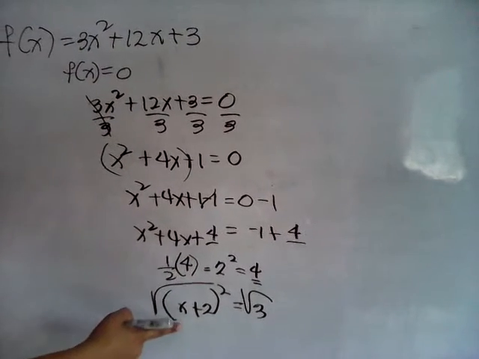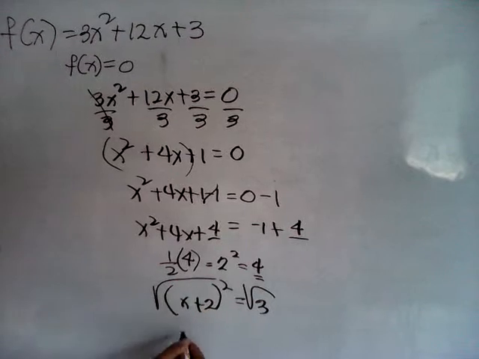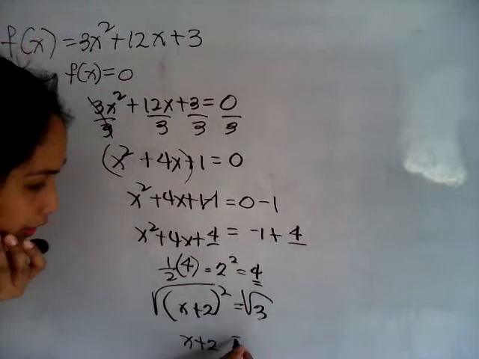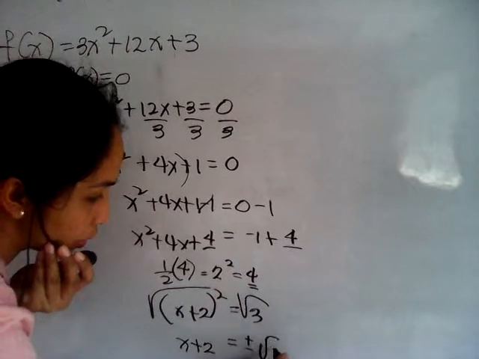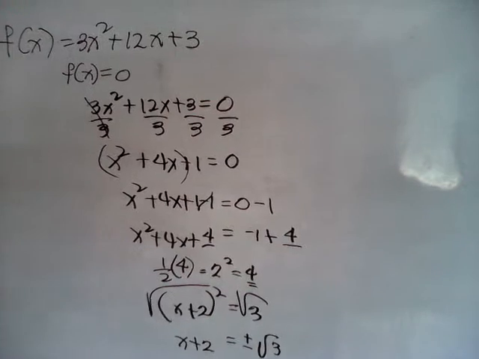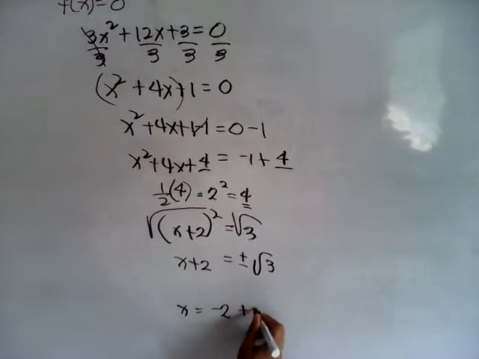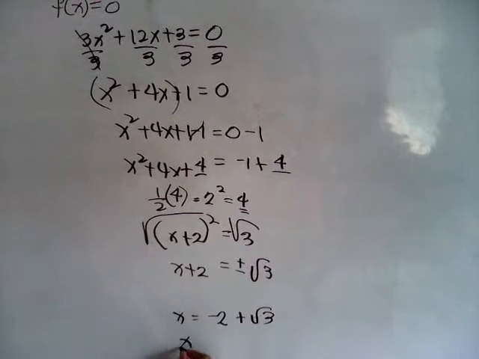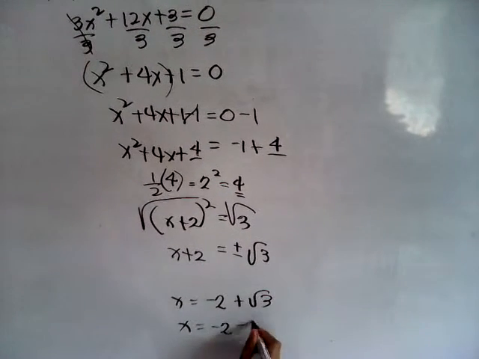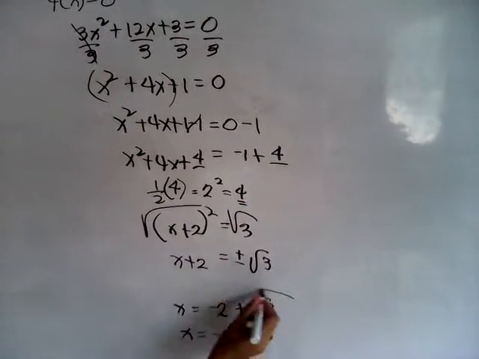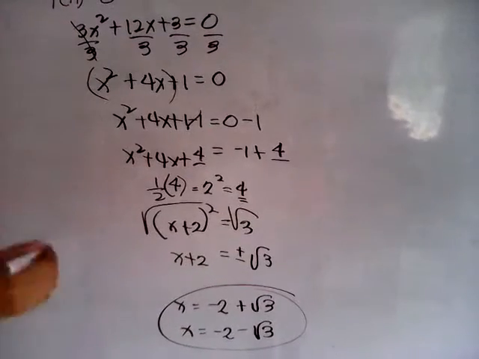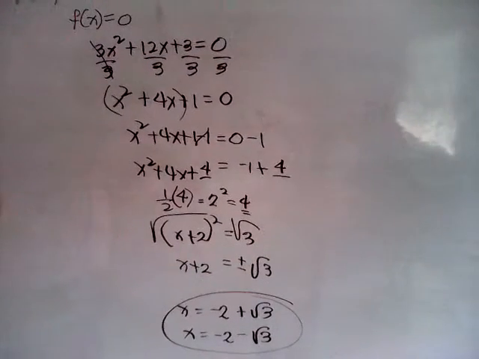The square root of the quantity x plus 2 squared is x plus 2 equals plus or minus the square root of 3. We have two answers: x equals negative 2 plus square root of 3, and the other one is x equals negative 2 minus square root of 3. These two values of x are the zeros of the quadratic function.